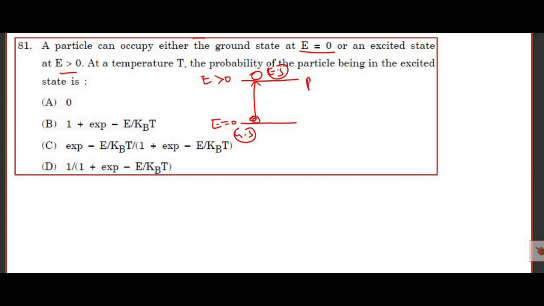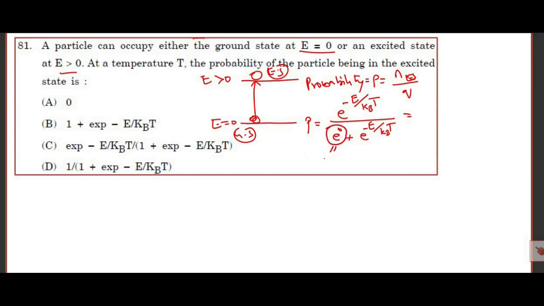Now the probability P is given as n excited state divided by Q, which is given as P equal to exponential e power minus E divided by kB into T, divided by e power 0 plus e power minus E by kB into T. We know that anything power 0 is 1.